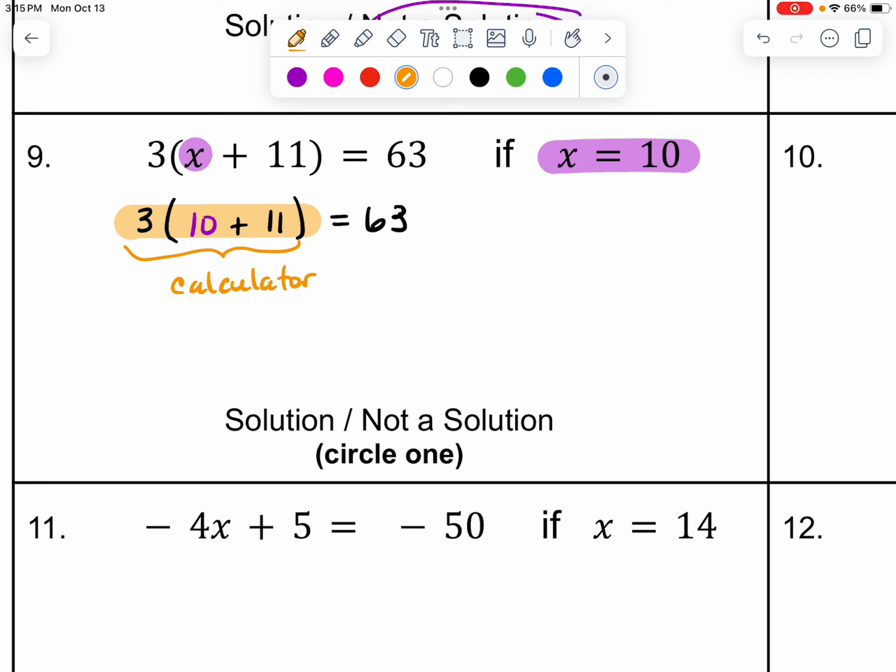I get 63. Then I will copy. 63 does equal 63, so we will say this is a solution.